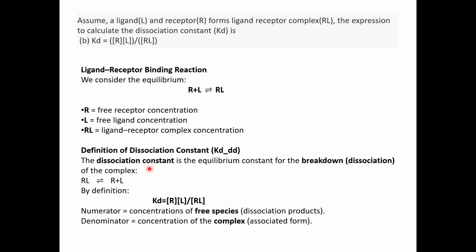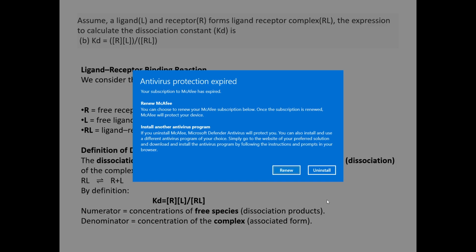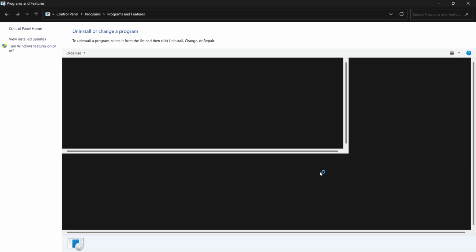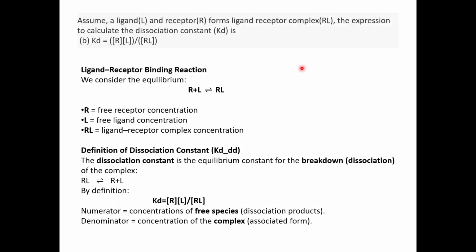Coming to the next topic, a ligand L and a receptor R form a ligand receptor complex RL. So the expression to calculate the dissociation constant would be: the dissociation constant is nothing but the concentration of your receptor into the concentration of your ligand divided by the concentration of the receptor ligand complex.